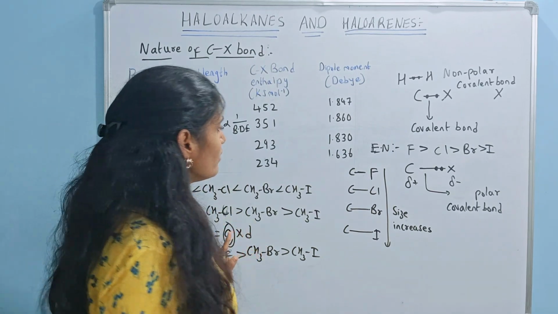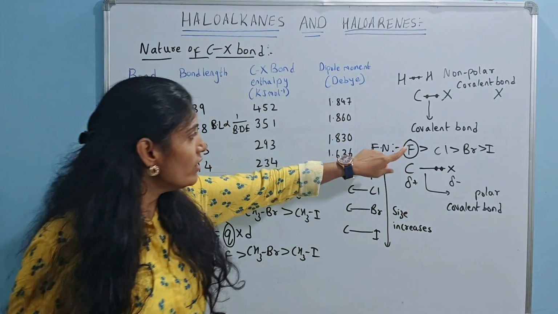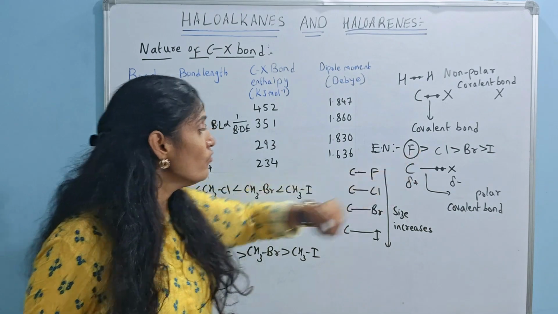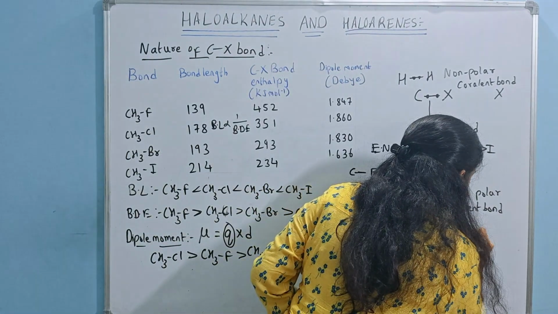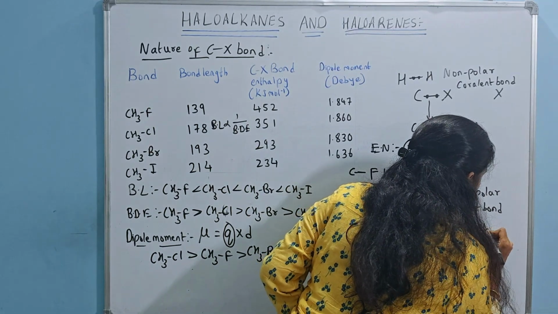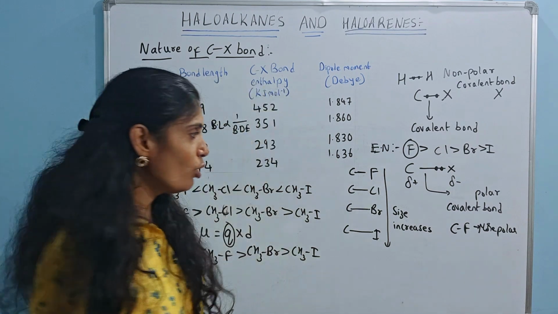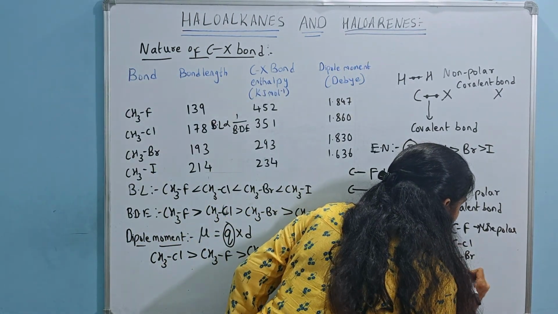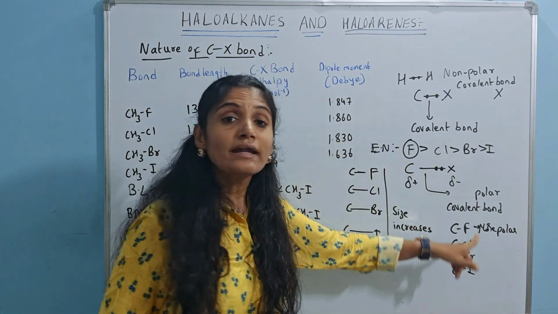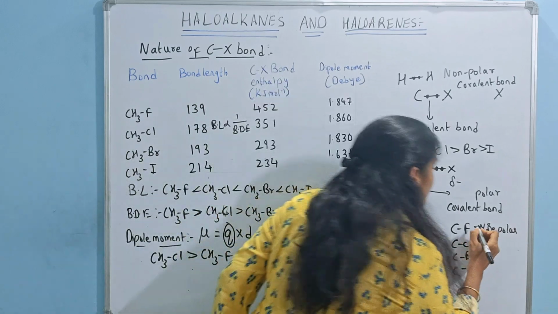Now we know fluorine is more electronegative, so we expect the CF bond to be more polar. Am I right? Now as I come down, CCl, CBr, CI, the electronegativity decreases, so the polarity of the carbon halogen bond decreases.